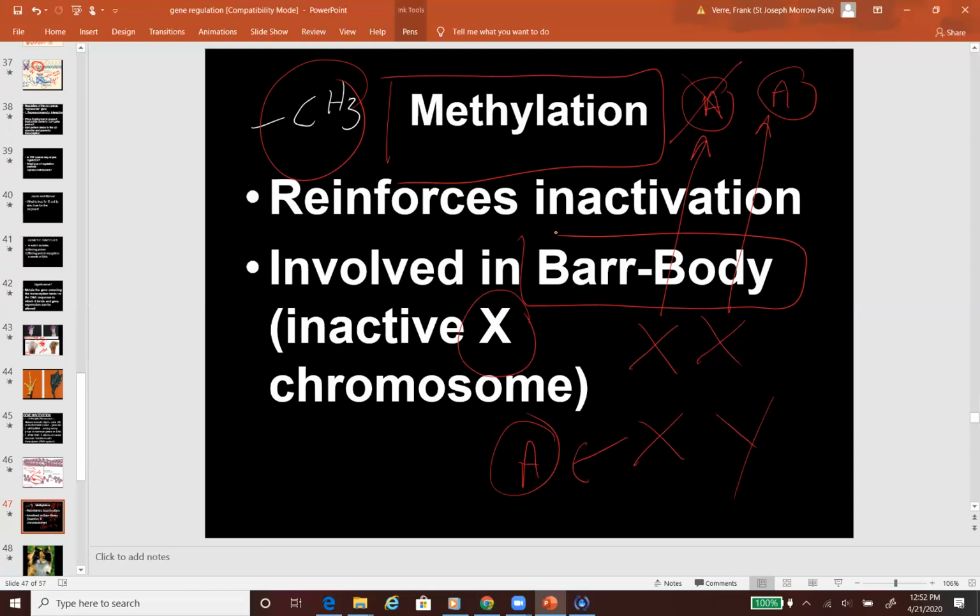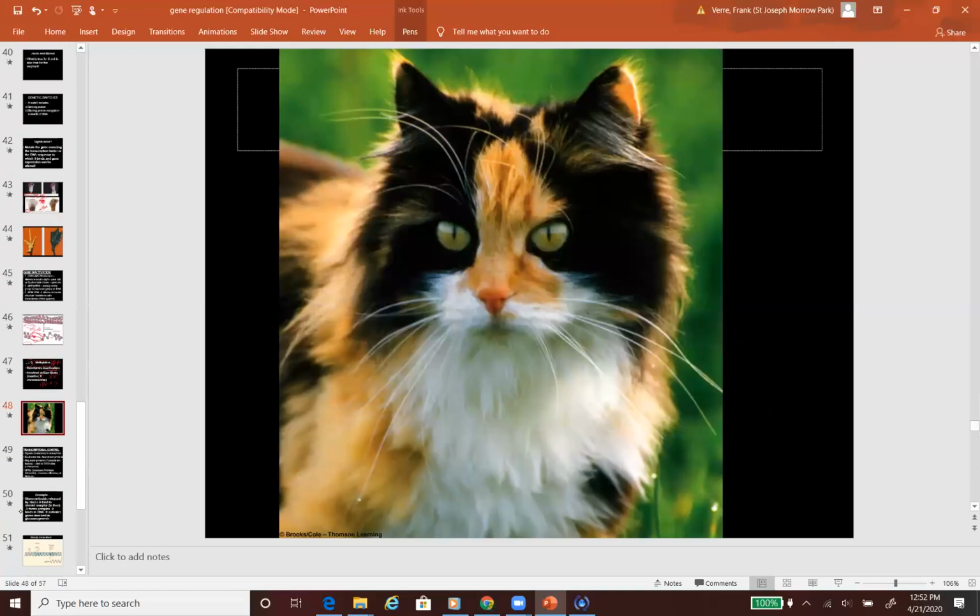By doing that, even though females have two X chromosomes in every cell, only one of the X chromosomes would be working, and therefore a female cell would express the same amount of protein A compared to a male cell. And if you remember this picture from grade 11, we use this as an example to talk about Calico Cats. In Calico Cats, they have a gene for coat color, one being black, the other one being orange.